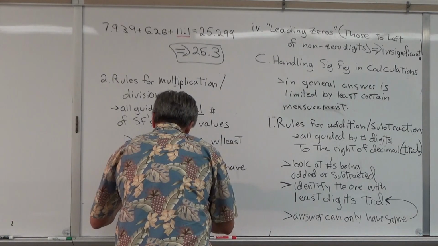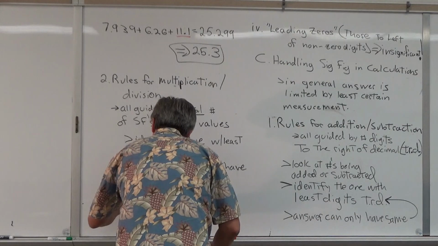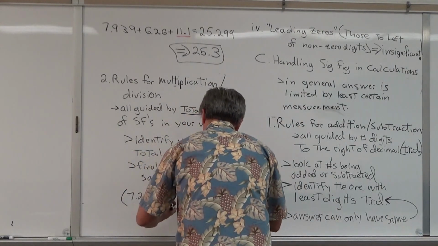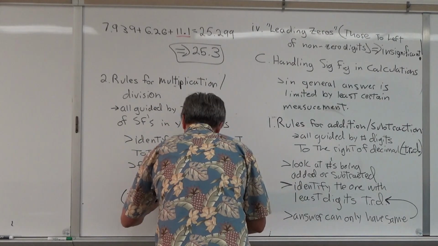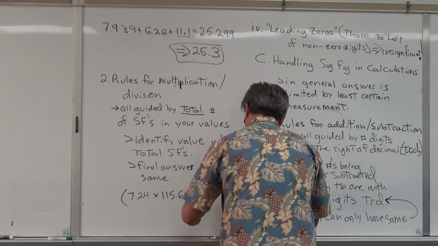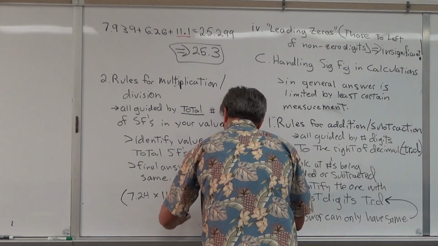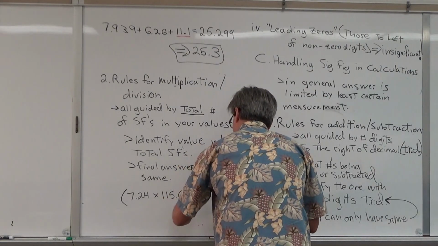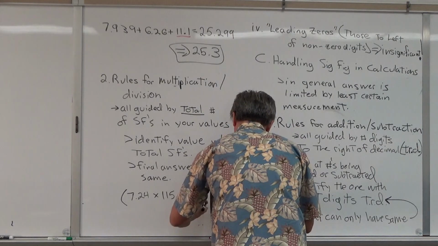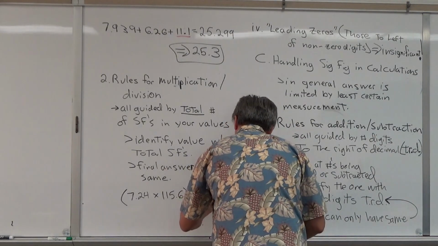Okay, so real quick. Let's say we are doing a little bit more complex one here: 7.24 times 115.6, and that product divided by 1.846.